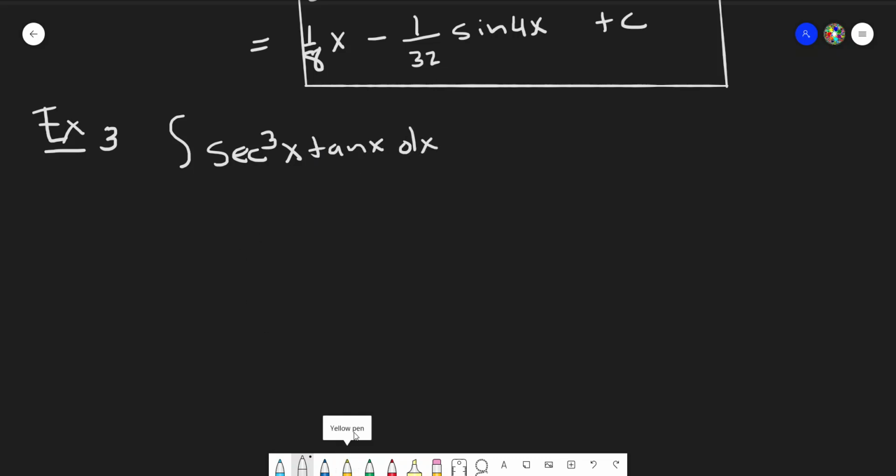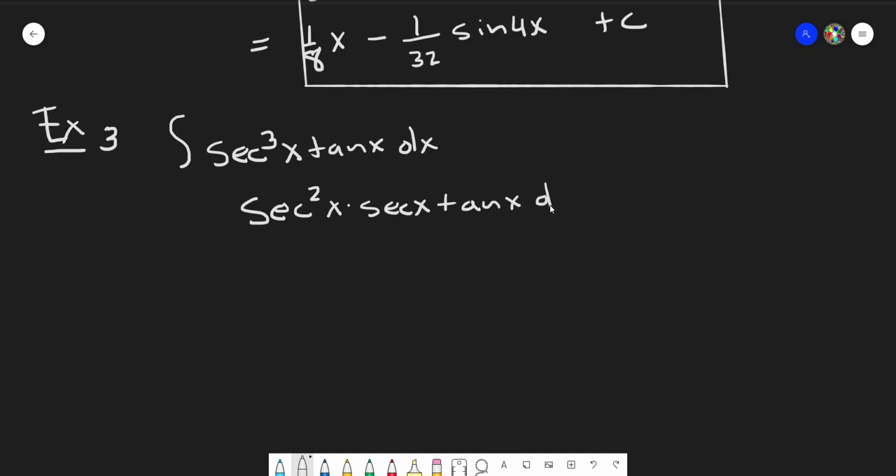The question becomes, how am I going to solve this? Well, you have to peel out one of the functions. So secant cubed can be rewritten as secant squared x, times secant of x, times tangent of x dx.